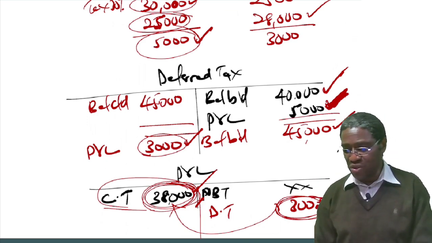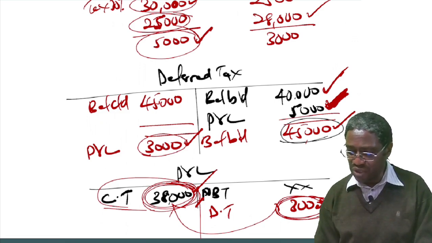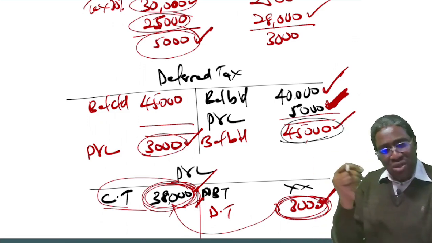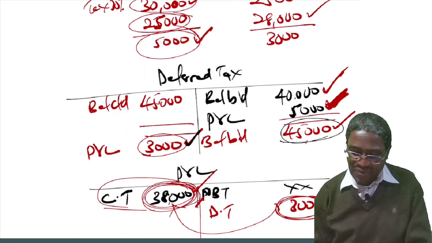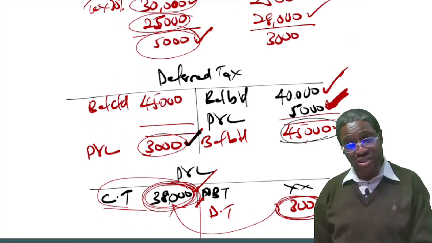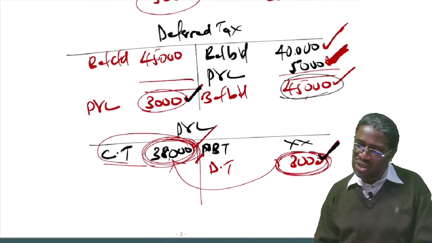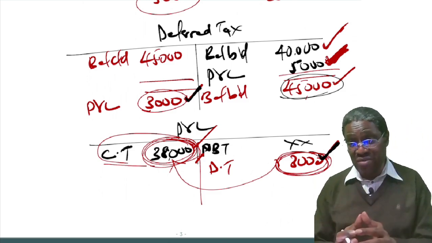A liability is always a credit balance here. If I am saying this 45 is a credit balance, I'm required now to transfer 3,000 from the deferred tax. Now I come and debit deferred tax, I credit P&L account. That's a double entry. Then you obviously know when I'm crediting P&L account, when there's another debit on the P&L account, automatically I'm reducing the debit.